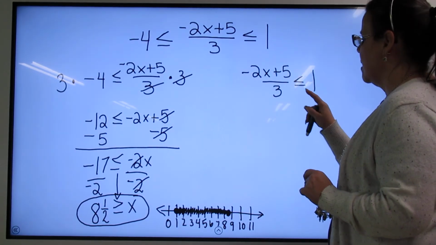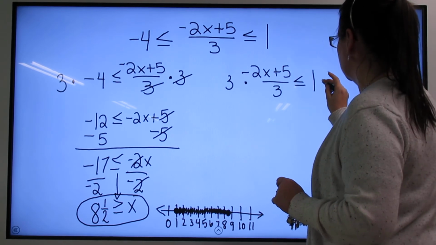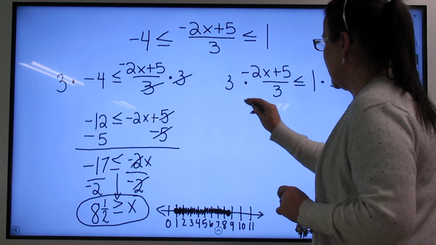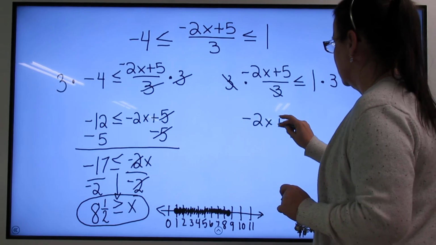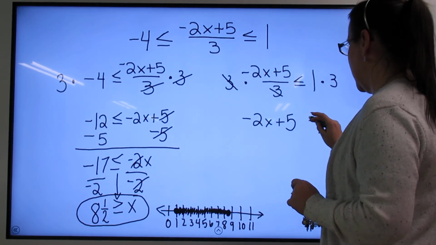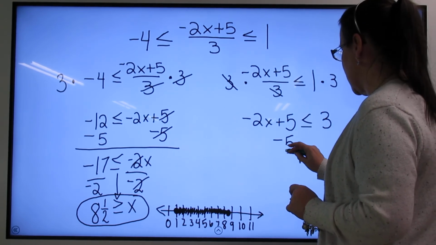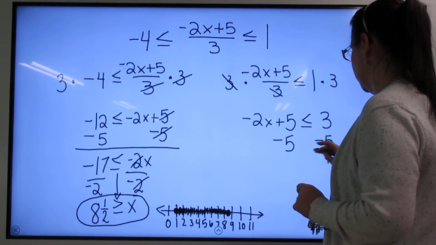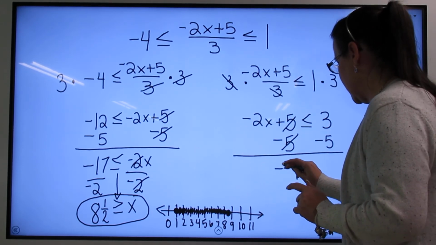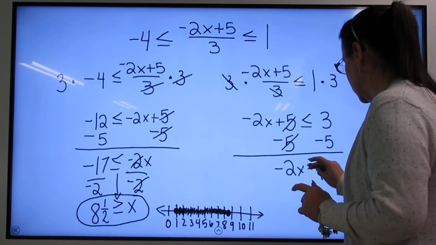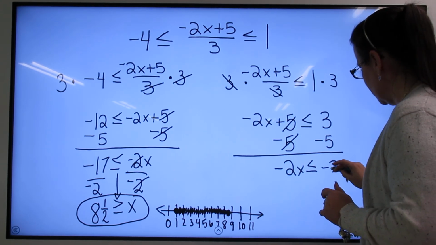Over here, I'm going to do the same thing. I'm going to multiply by 3 and multiply by 3. And these 3's would cancel out. And I would have less than equal to 3. I would subtract the 5 and subtract the 5, because I have to get x by itself. And I have negative 2x less than equal to negative 2.